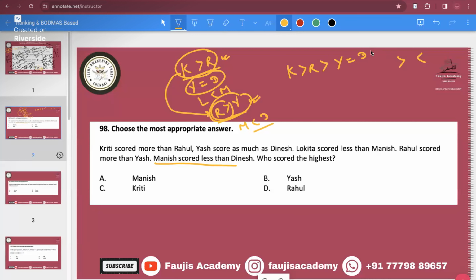M scored less than D. Right. And M scored more than L too. Right. From here, M will score more than L. Right?